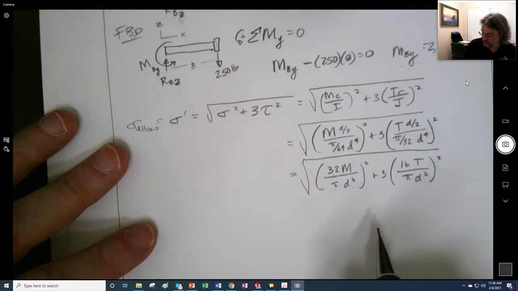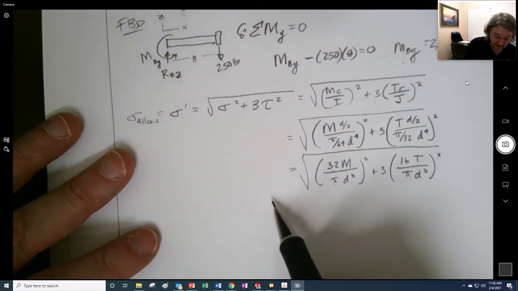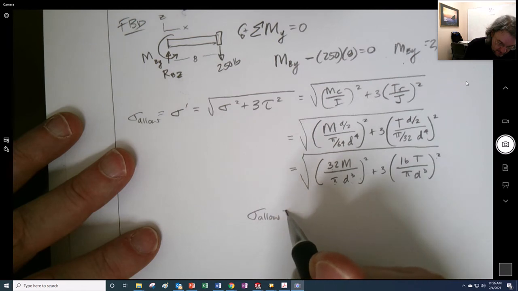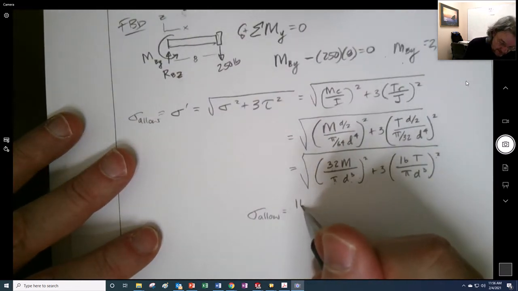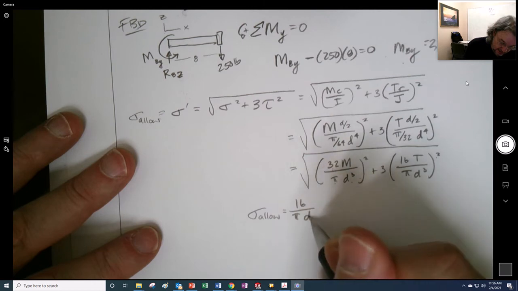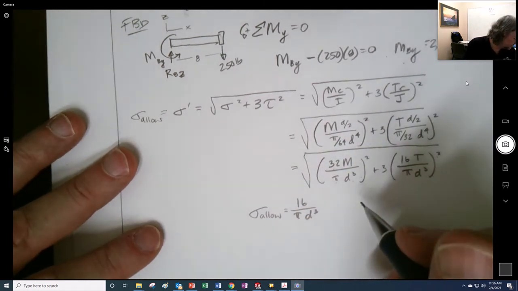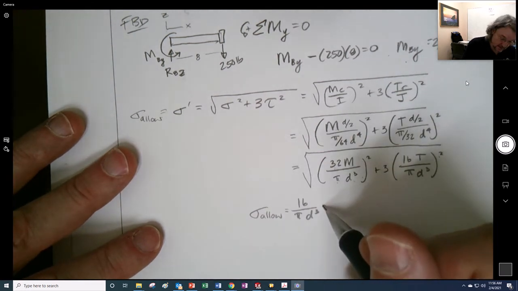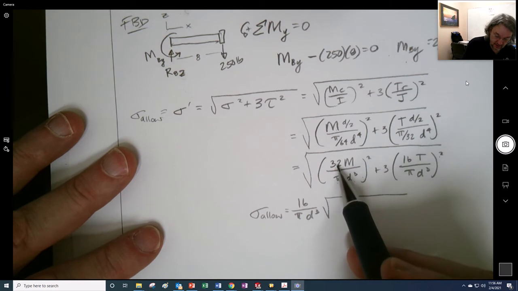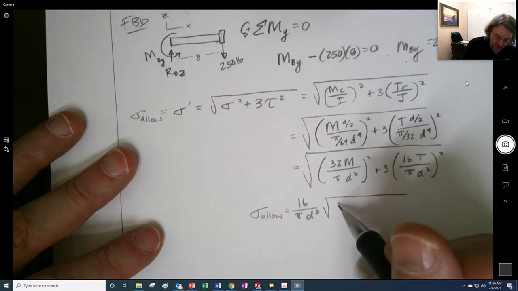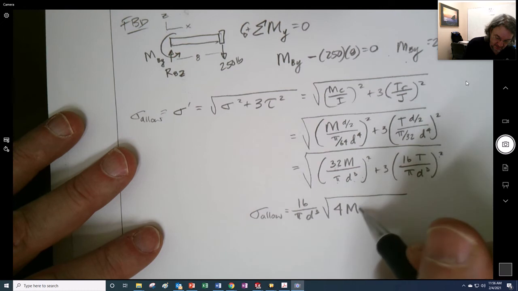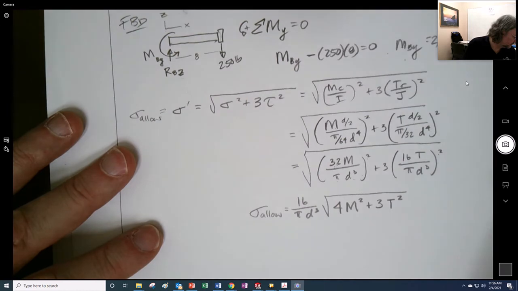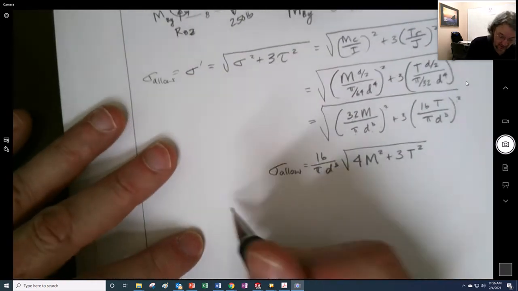The allowable is still 23 ksi, so sigma allow equals 16 over pi d cubed, times the square root. Now this is 32, so it's going to be 2 inside that square, so it's 4 times M squared plus 3 times T squared. Yes. And now I want to solve for that diameter.